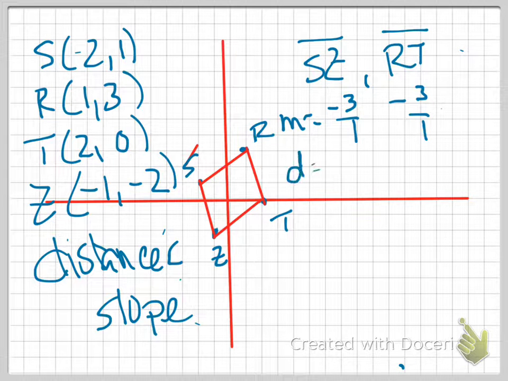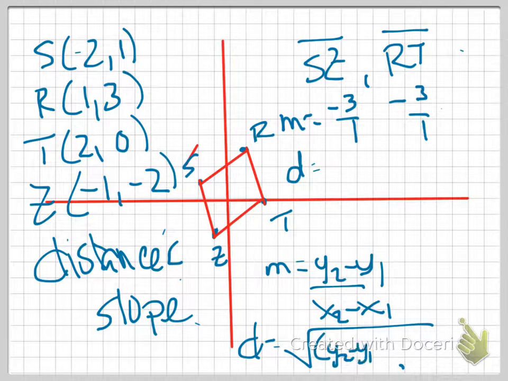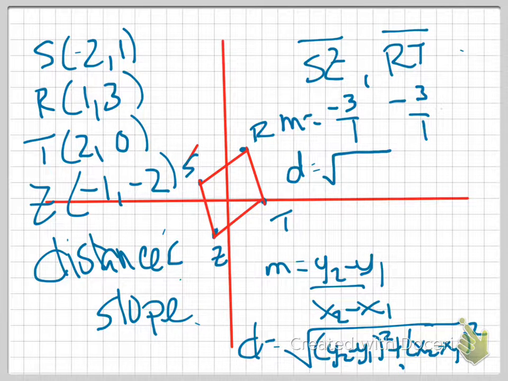Here's the nice thing. Notice how in the slope formula, it's y2 minus y1 over x2 minus x1. And notice in the distance formula, it's still y2 minus y1 and x2 minus x1. So instead of doing this whole math, I'm just going to cheat. Negative 3 squared plus 1 squared.